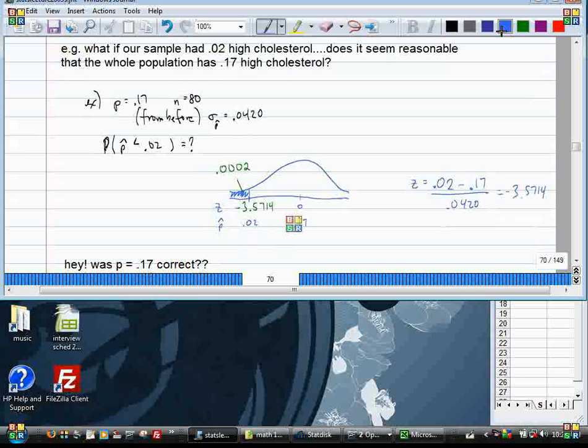What did we get in our sample? We got 2%, which is 0.02. Now, how likely is it that the population proportion is 0.17, but my sample proportion is 0.02? How likely is that? It's not likely. In fact, how not likely is it? It's 0.0002 likely, which is very, very unlikely. Does that make sense?